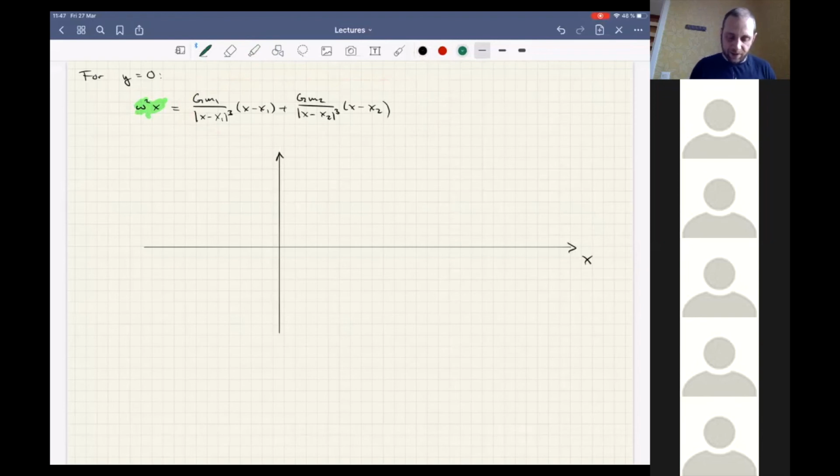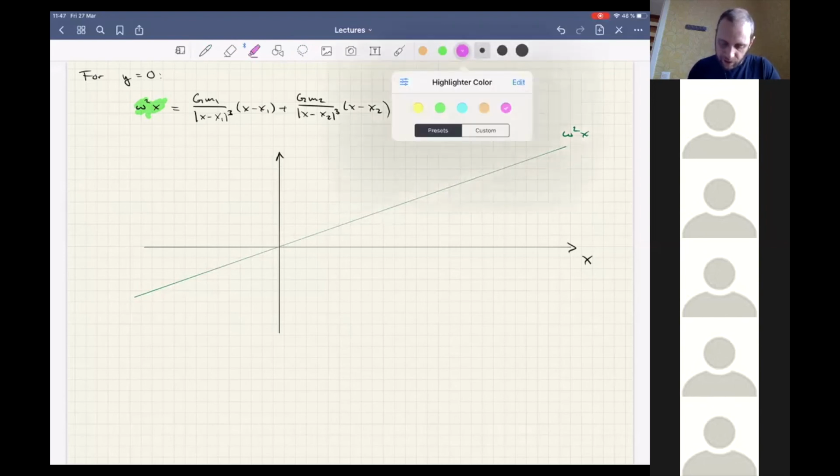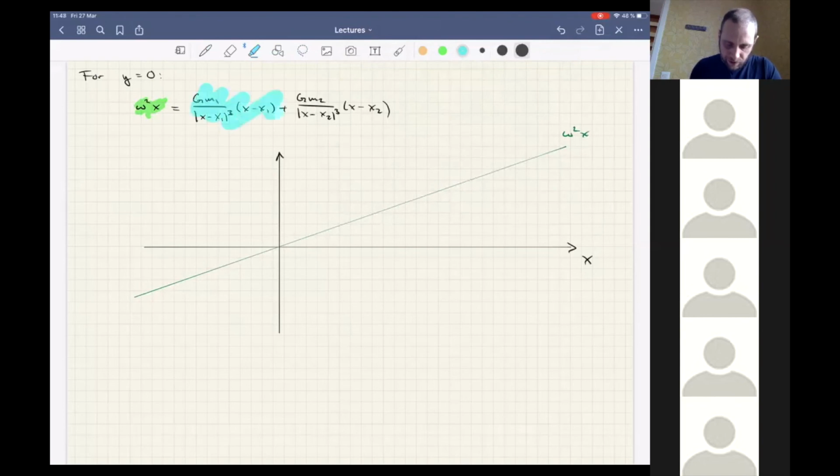It's omega squared times x, going through the origin. And if we look at the right-hand side now, let's make that blue. If we mark x1 here, and let's say that x2 is over here.